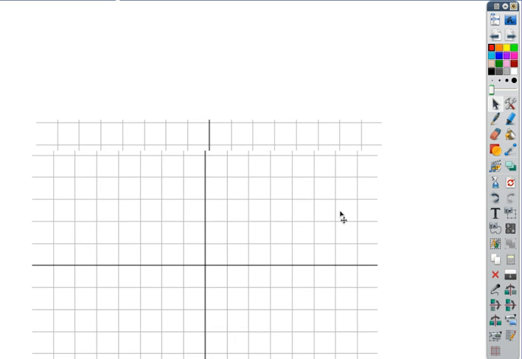Okay, let's try. Let's try this one. So same graph paper, new problem.